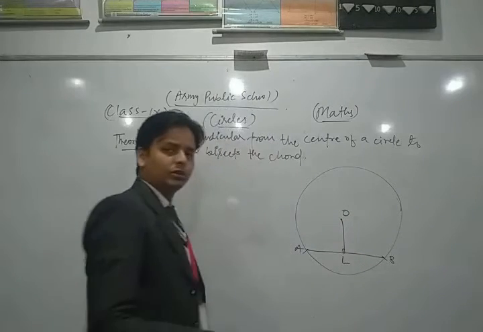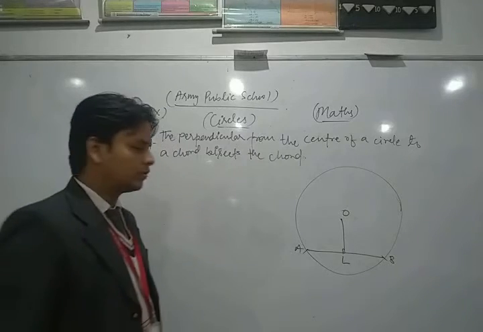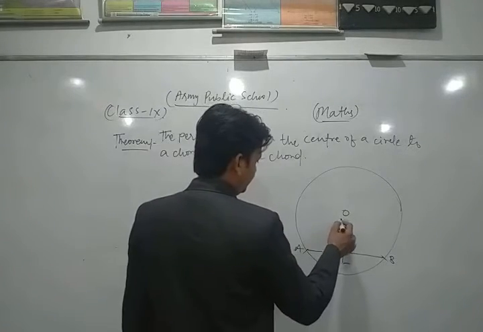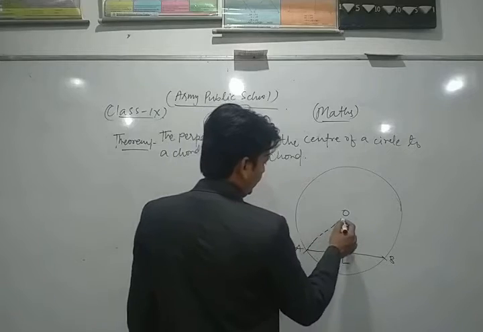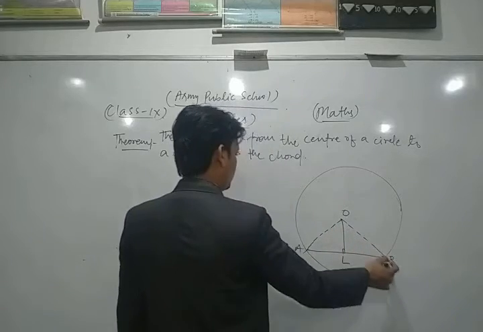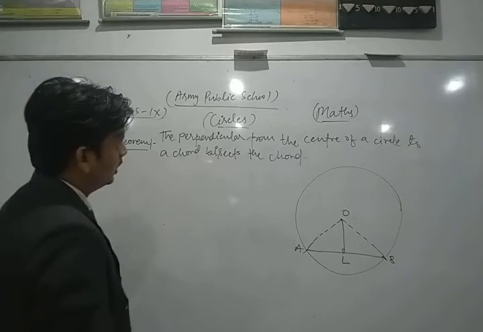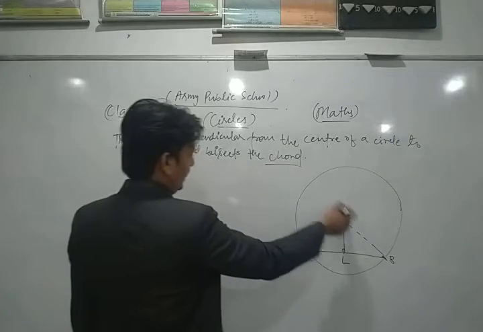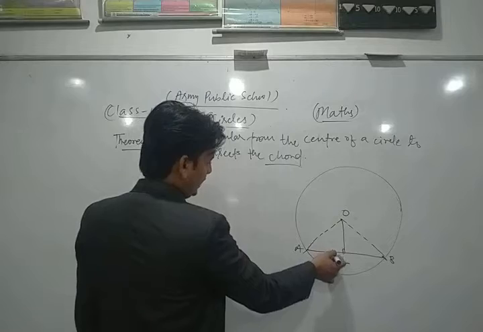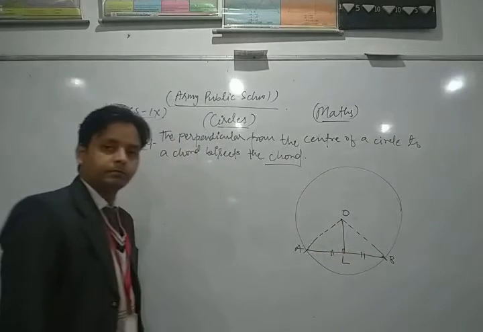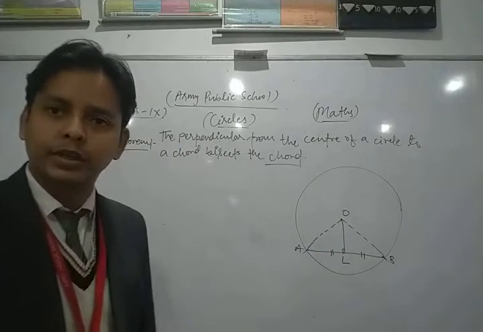Now we have to do some construction, and the construction is: we just join OA and OB respectively. And we have to show that the perpendicular bisects the chord, which means AL is equal to BL.